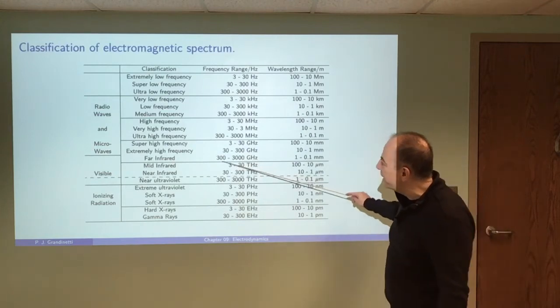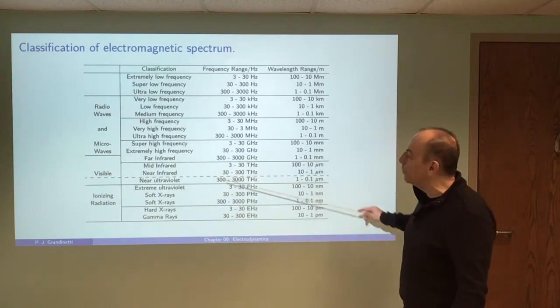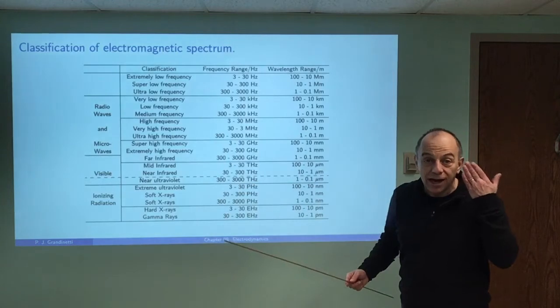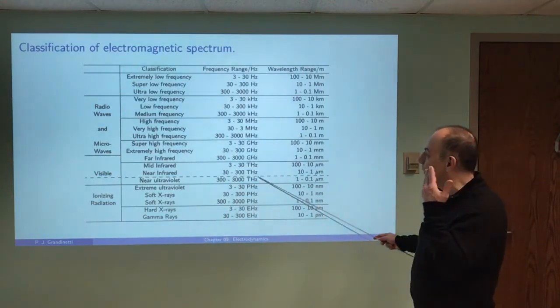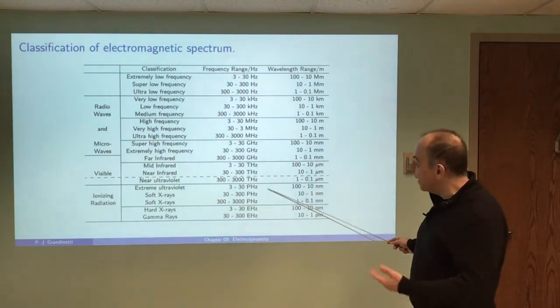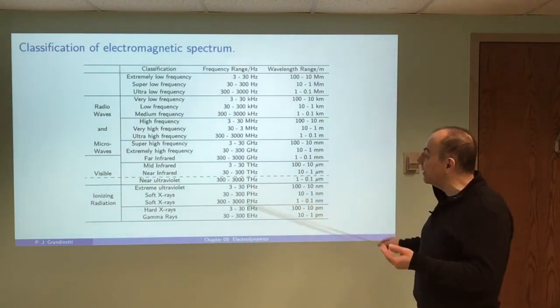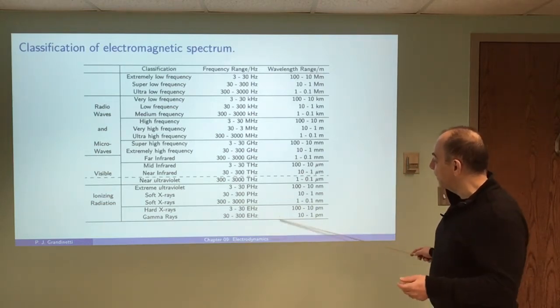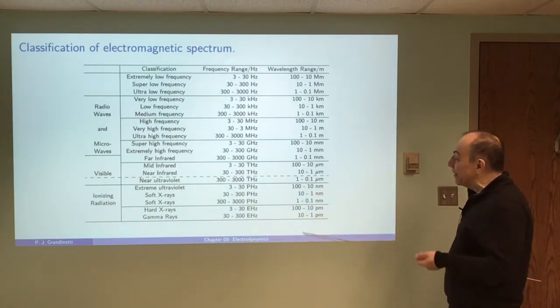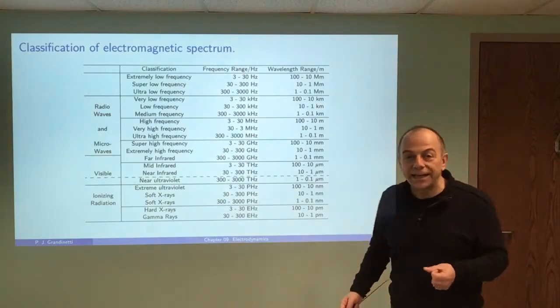And then eventually we go into the terahertz range, and eventually we reach the visible light range, which our eyes are sensitive to. The electromagnetic waves in the visible range are what our eyes can detect. And then you keep going past that to ultraviolet, and then into soft X-rays, and then eventually, at wavelengths on the order of picometers, you're into X-rays and gamma rays.